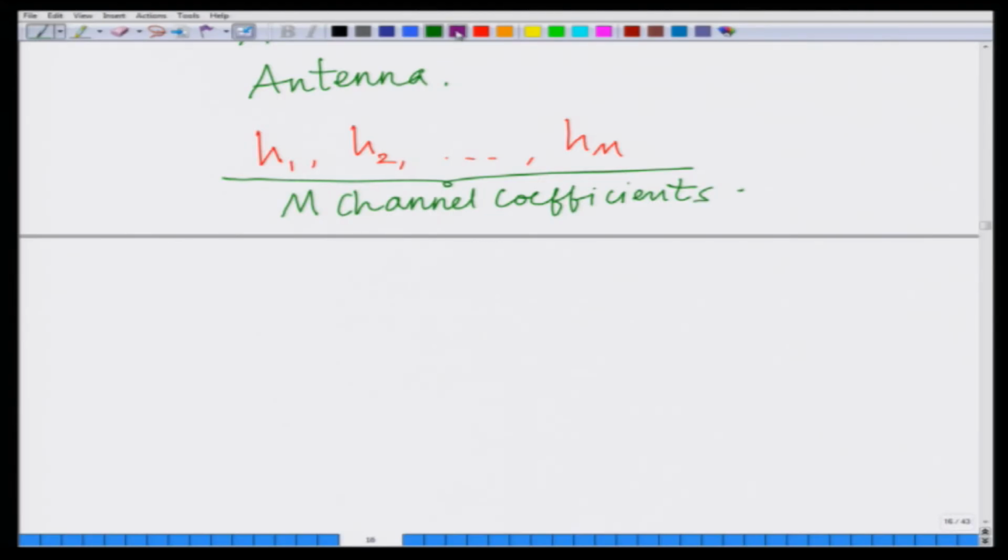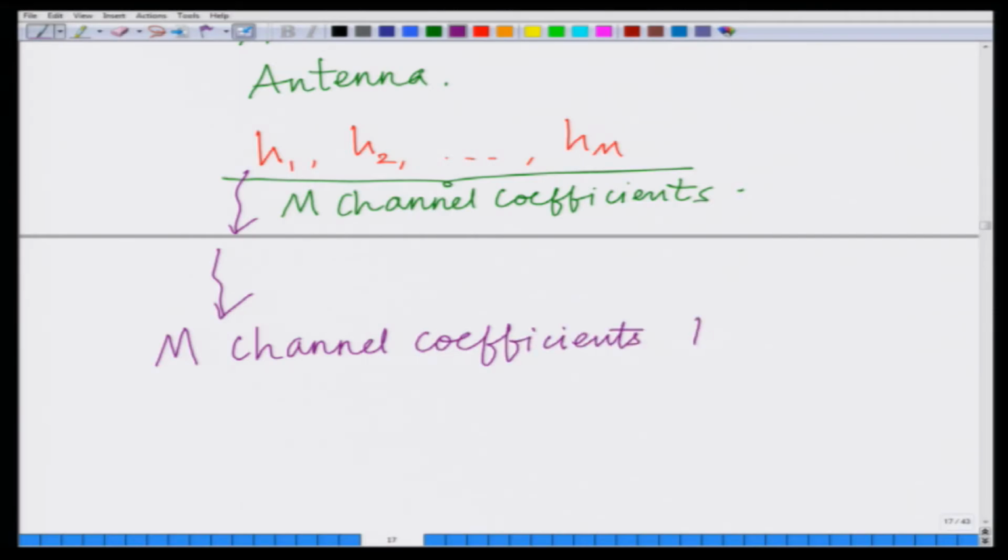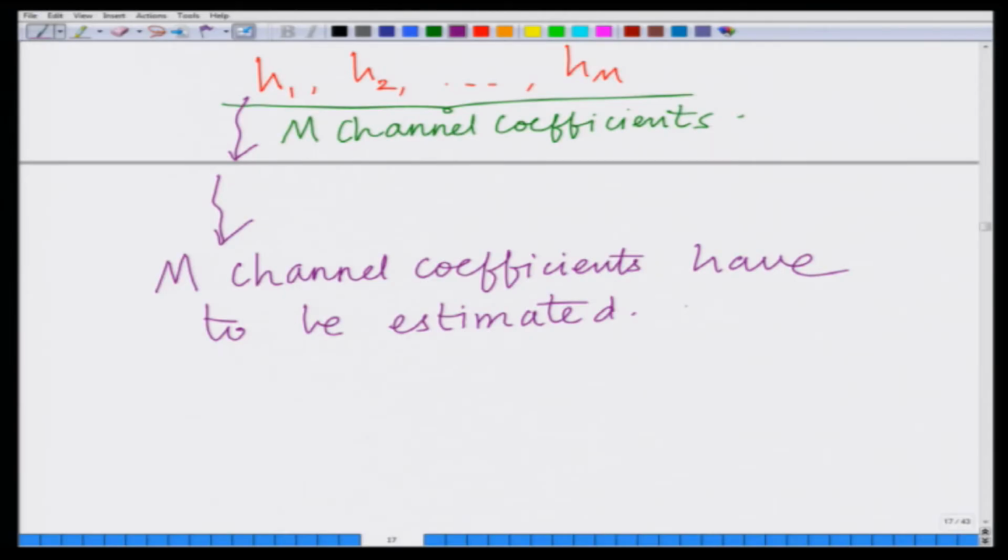So, to put it more explicitly, M channel coefficients have to be estimated. Okay.